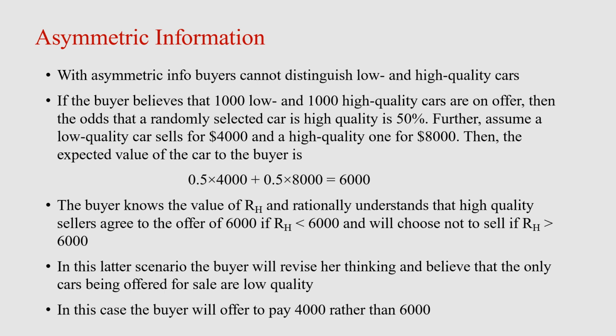In this latter scenario, the buyer will then revise her thinking and believe that the only cars being offered for sale are low quality. In this case, the buyer will offer to pay $4,000 rather than $6,000, so they know what the price of a low quality car is going to be.